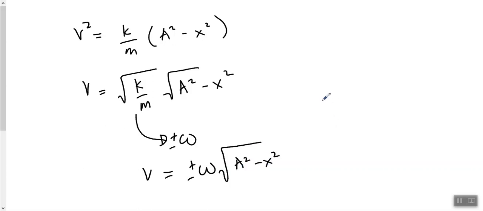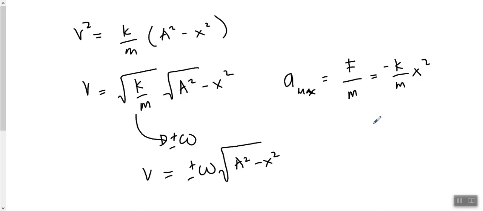You may be asked to find the acceleration. I've mentioned the acceleration in our previous discussion, so just use that concept in terms of the maximum acceleration. You could use Hooke's law, which is negative k over m times x.